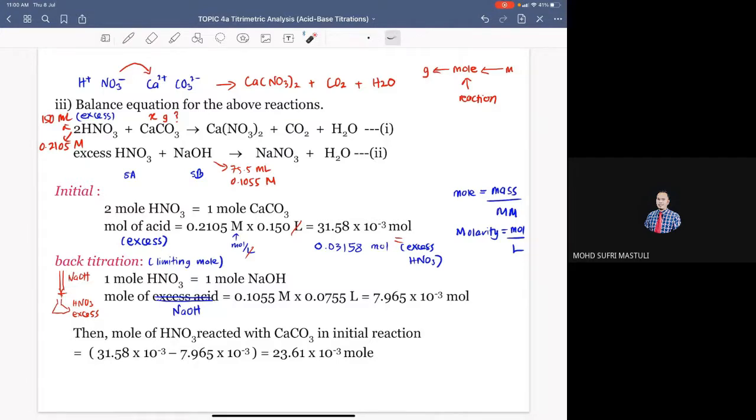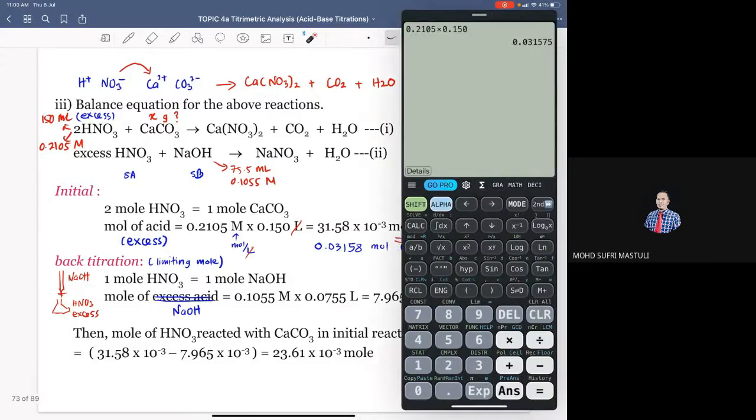0.1055 molar times 75.5 milliliter converted to liter: 75.5 divided by 1000, which is 0.0755.